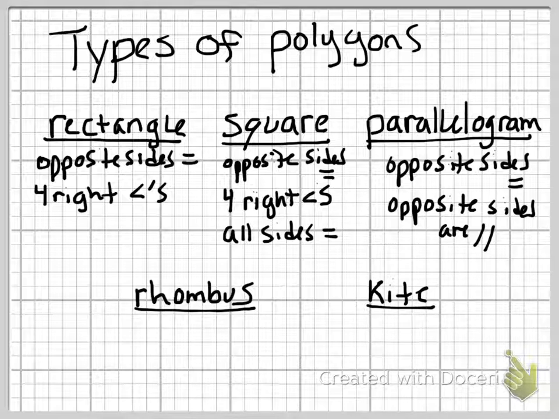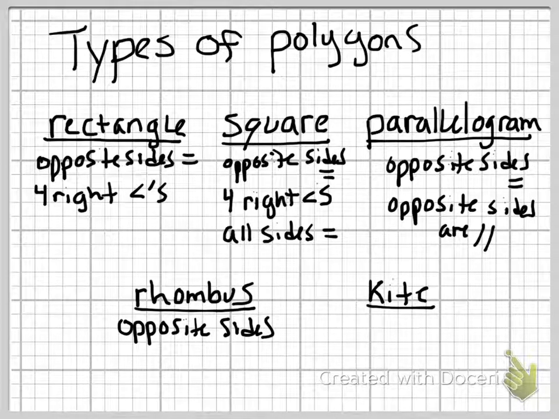Alright, so the other two possible ones that you might see are a rhombus and a kite. For a rhombus, your opposite sides are equal, and your opposite sides are parallel.